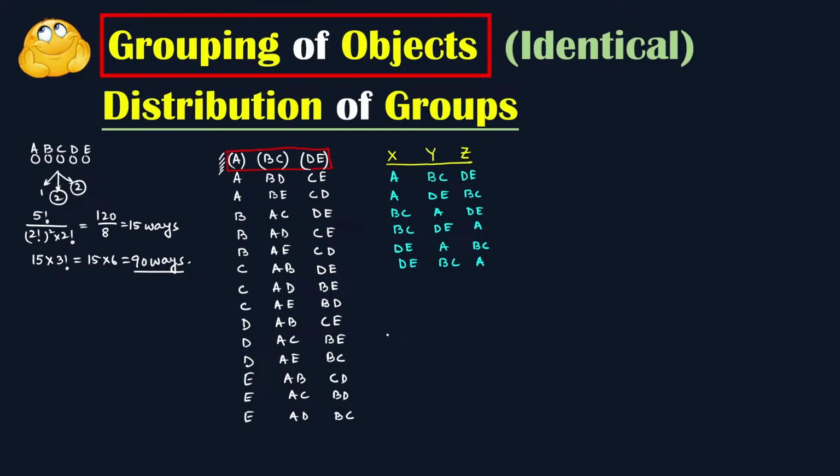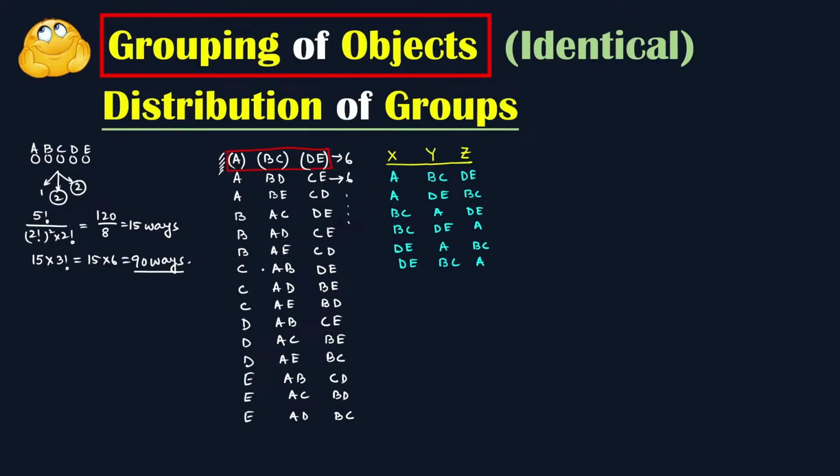Am I correct? So for this arrangement, you can distribute it among 3 people in 6 ways. Again, for this way of forming the groups, it can again be distributed among 3 people X, Y, Z in 6 ways and so on.